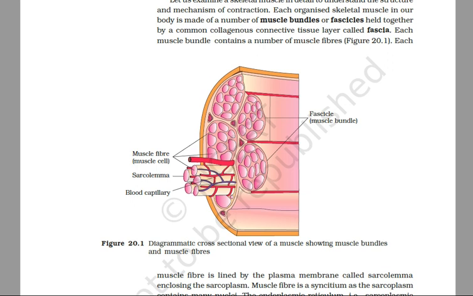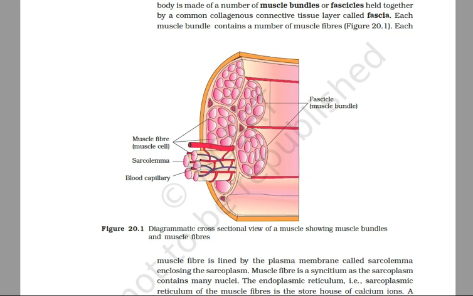or multinucleated, and the outer membrane is called sarcolemma, which is the true cell membrane, and the cytoplasm of the myofibril is termed as sarcoplasm, and the endoplasmic reticulum is termed as sarcoplasmic reticulum.